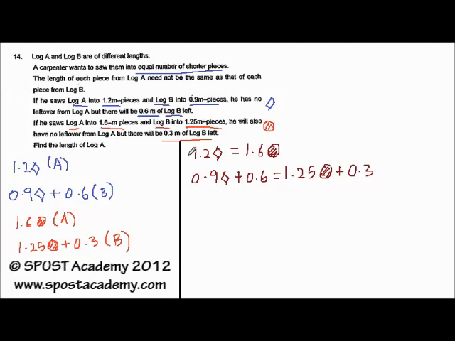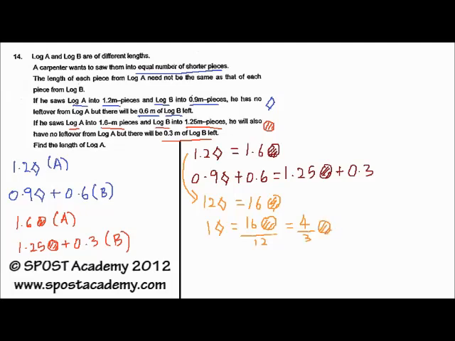So from here we know that 1.2 diamond is equal to 1.6 shaded circle. We can also say that 12 diamond is equal to 16 circle. So 1 diamond is equal to 16 circle divided by 12, and that will give us 4/3 circle.